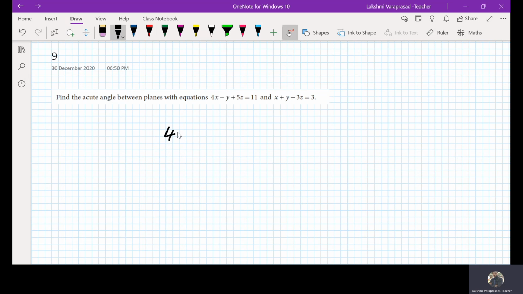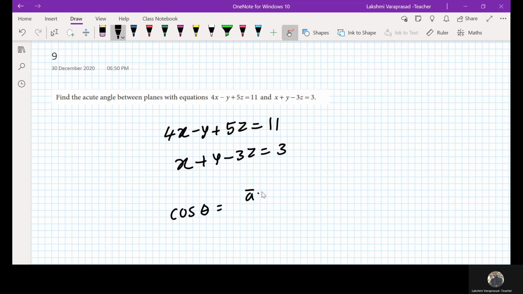Look at that. First one, 4x − y + 5z is equal to 11. Second one, x + y − 3z is equal to 3. If we want to find the acute angle, first we remember this formula: cos theta is equal to a bar dot b bar by mod a bar times mod b bar.